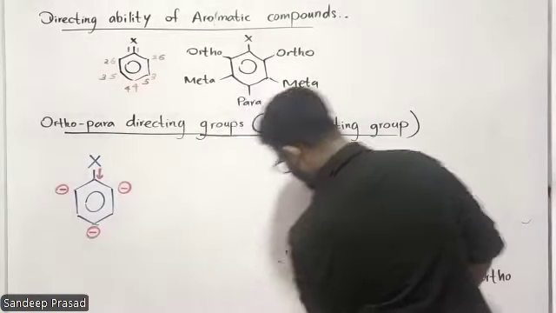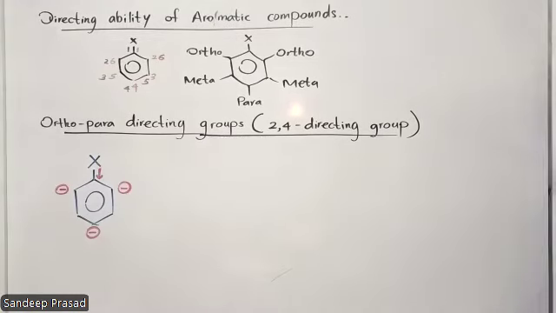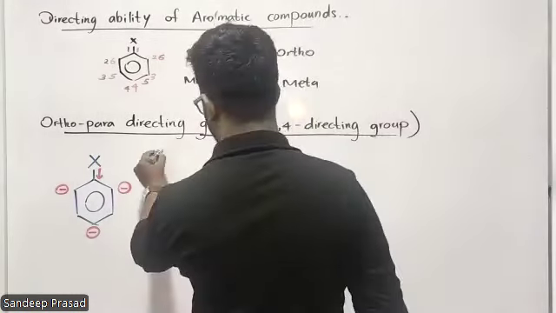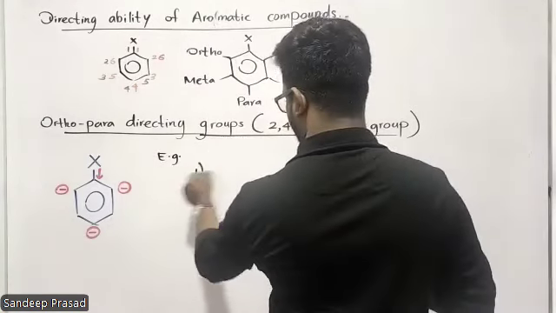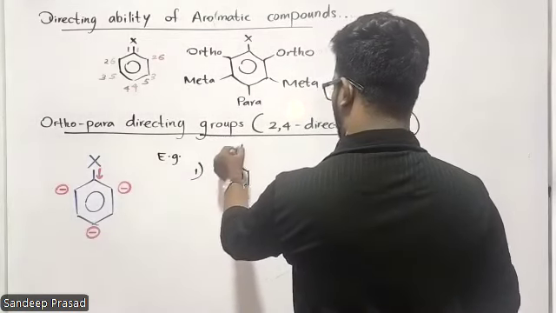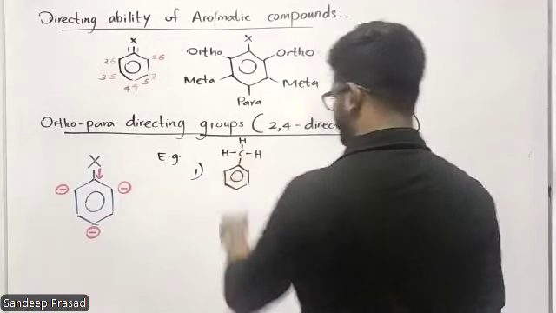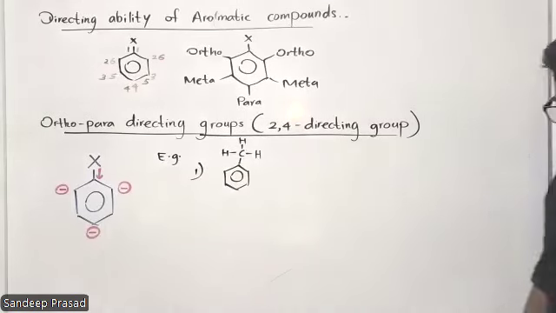Now examples for ortho-para directing groups. I told you that there should not be any double bonds or triple bonds for the atom which is connected to the benzene ring directly. Now look at this one. Toluene, methylbenzene. Are there any double bonds or triple bonds for the atom which is connected to the benzene ring? The atom connected to the benzene ring is carbon. No double bonds, triple bonds.